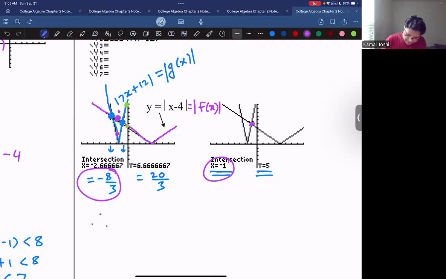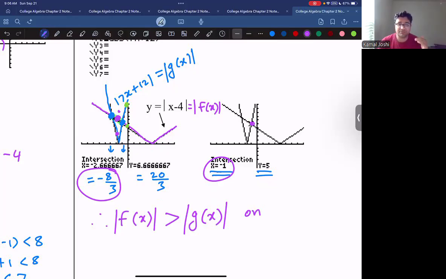Therefore, I can now say absolute value of f of x is greater than absolute value of g of x on the interval from -8 over 3 to -1.